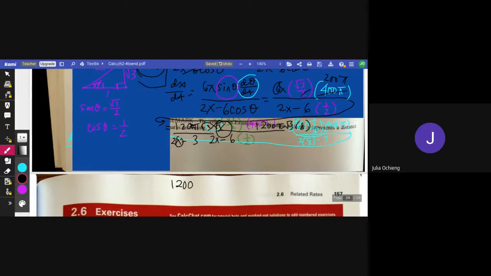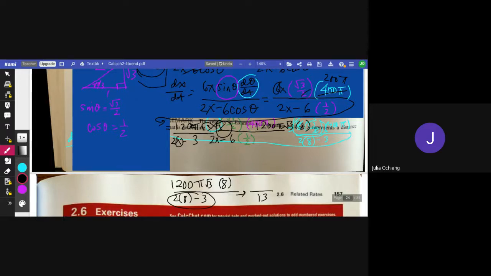So 1200 pi root 3 times 8 all over 2 times 8 minus 3. There we go. Because I replaced the x's with 8s. So those were the x's originally. All right. So now the bottom is going to be 16 minus 3, which is 13.